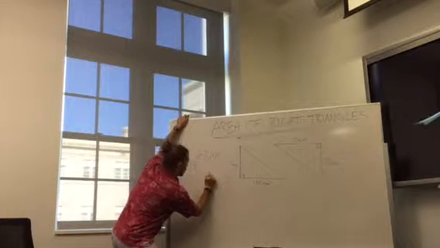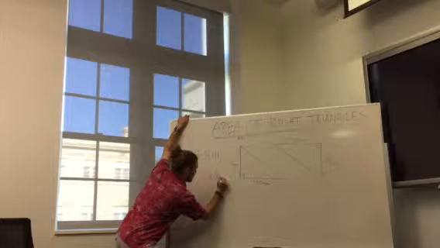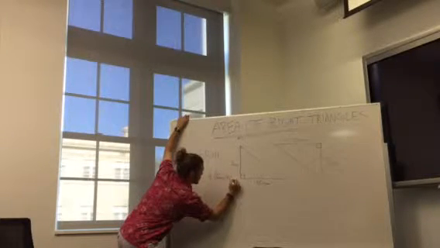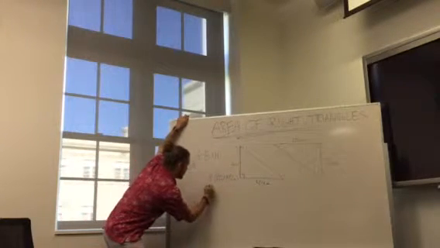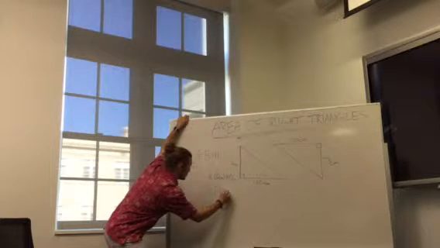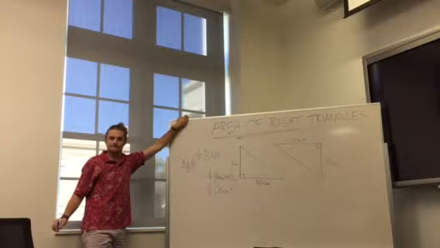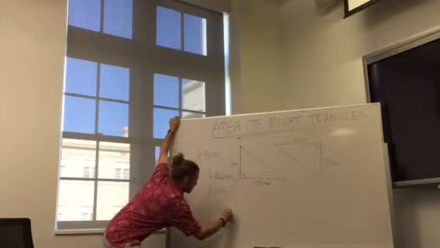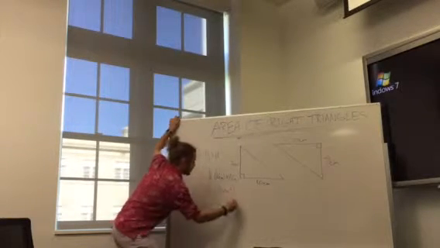We have 1/2, and our base is 10 centimeters, times our height, which is 7 centimeters. So now we have 1/2 times 70 centimeters. And what's half of 70? 35. 35 centimeters squared is the area of the triangle.